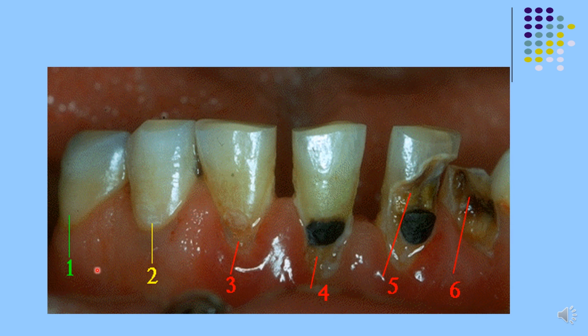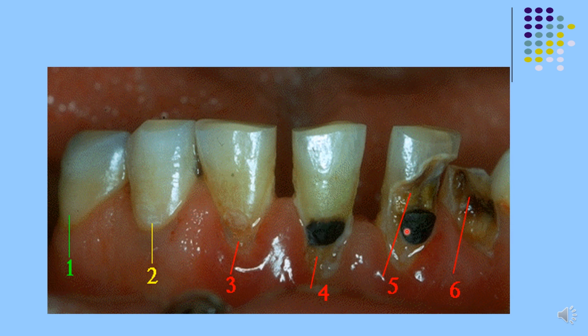Now this actually is a very beautiful picture of different stages of dental caries. So if you look at picture number 1, there is no change in surface. Picture number 2 here shows a white spot lesion. Picture number 3 shows destruction of surface enamel. Picture number 4 here actually shows us destruction of enamel and brownish decay.